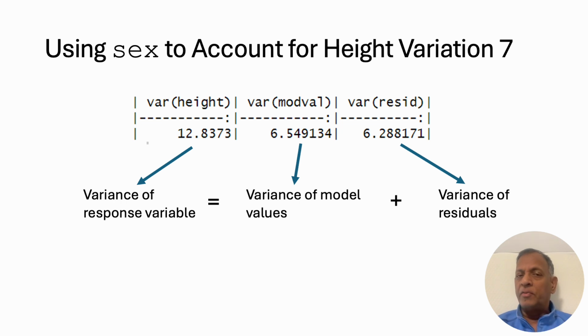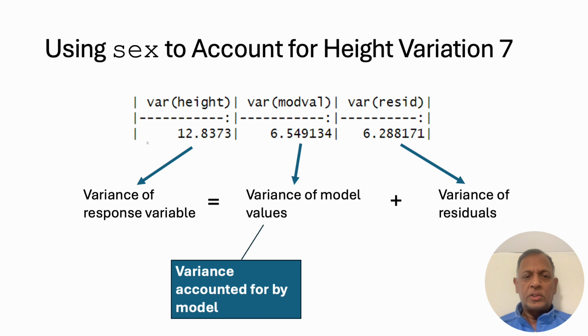Remember, when we calculated the variance, we found the deviation, the difference between the two points, we squared it and then took the average. The reason for that is so that this equation will hold, that the variance of the response variable is always equal to the variance of the model values plus the variance of the residuals.